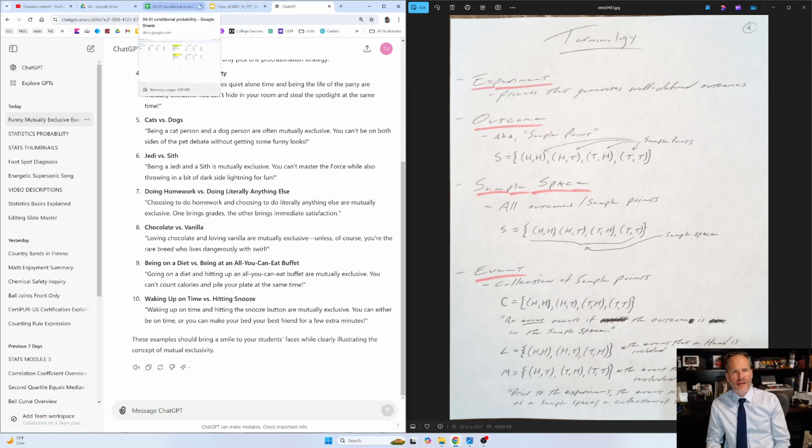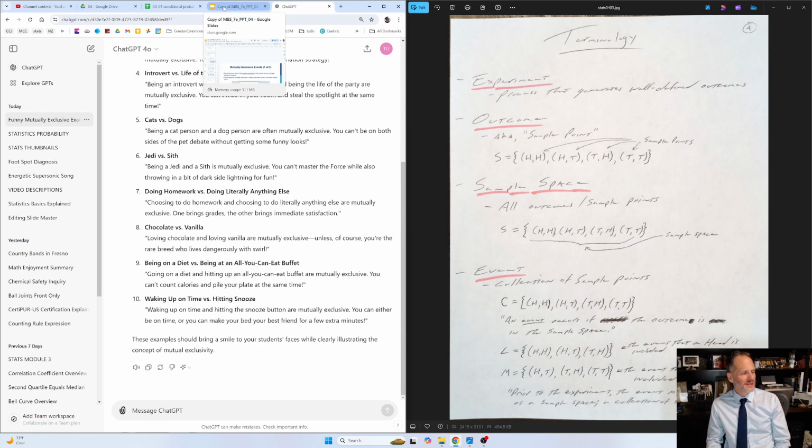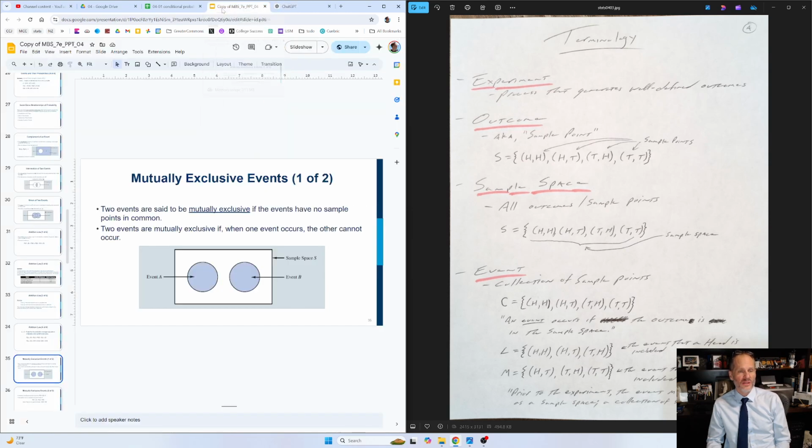I can't be riding my bike and on an airplane, although if you have your own airplane, maybe you could do that. I can't be talking to somebody on my phone and giving a lecture at the same time. To do those both well, they're mutually exclusive.